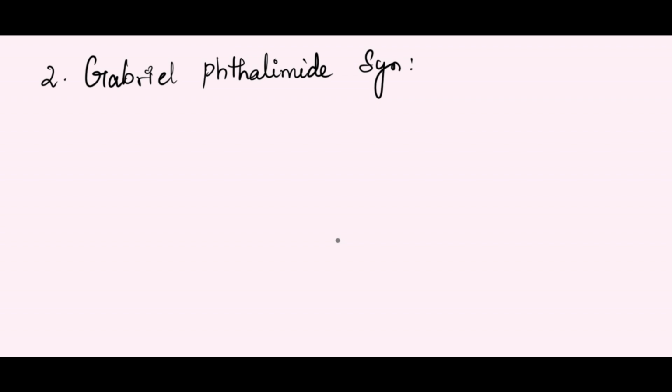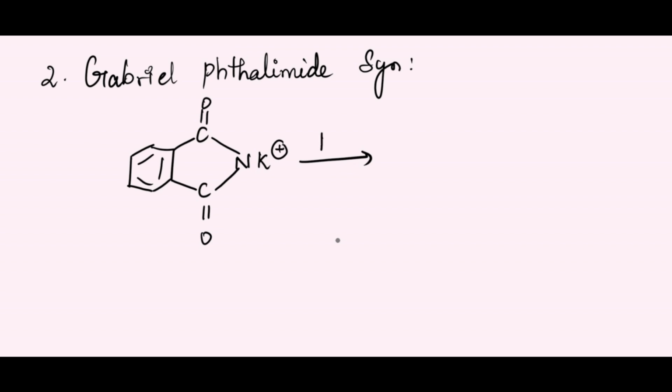As the name indicates, phthalimide is there. So we are taking the potassium salt of phthalimide. Upon treating it with RX, what happens? See, R is getting attached to N, and the remaining KX will be leaving the compound.